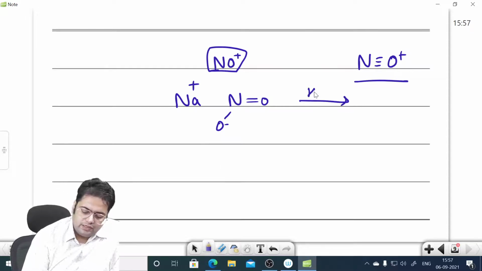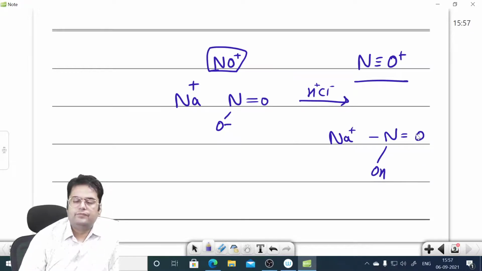And we added HCl into it. So this H plus will bind to this O minus, and we will get this OH.